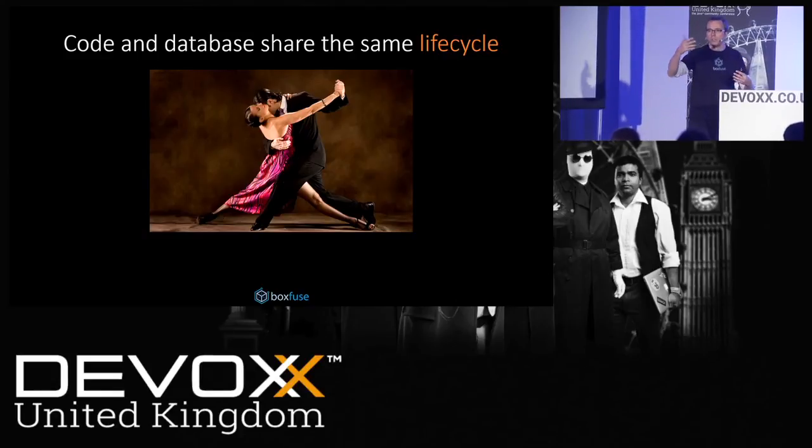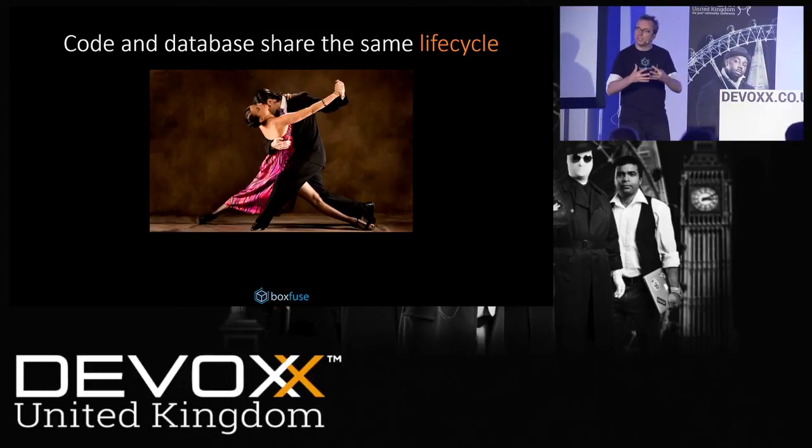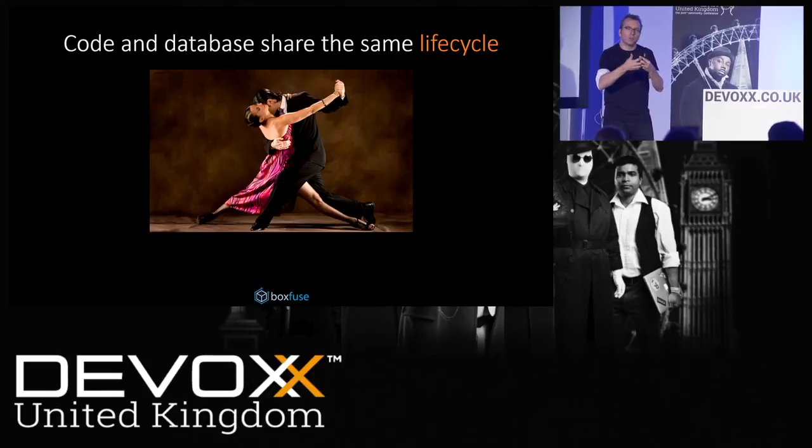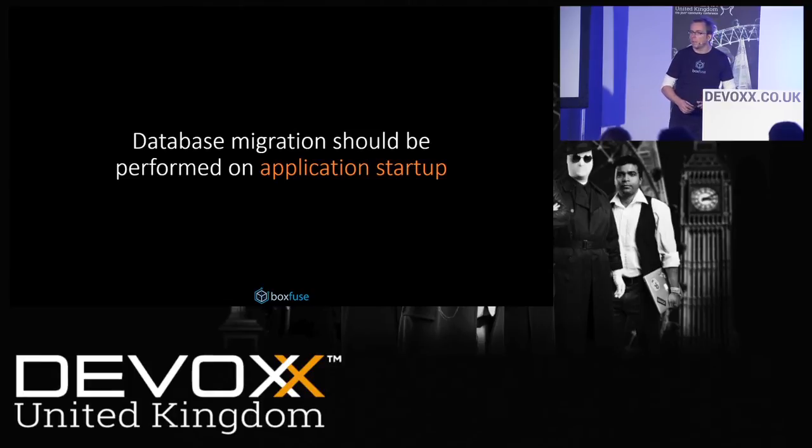And in the next version, you may require a different set of tables and columns to be present. So they really share the same lifecycle. And if they really are this tightly coupled, why would you decouple them and risk having them not fit together at runtime? So I say that they really should be run on application startup.